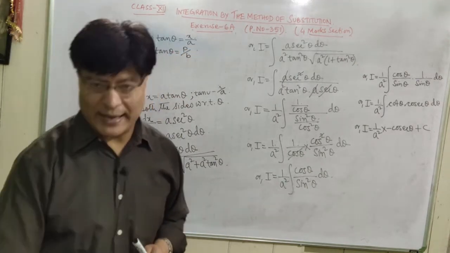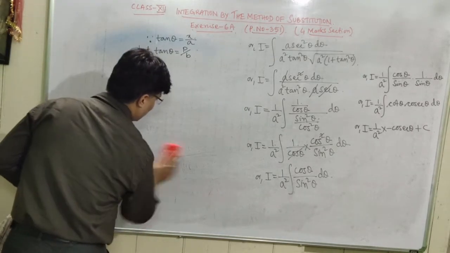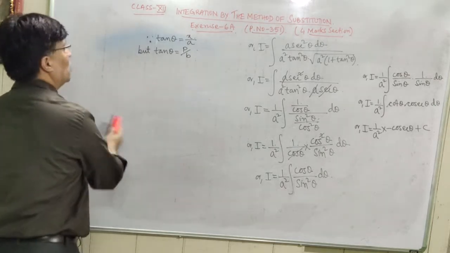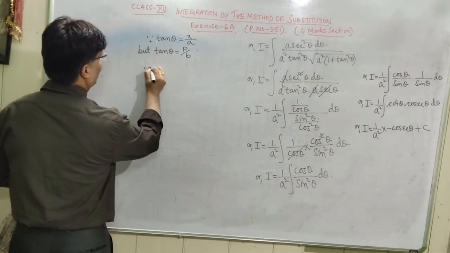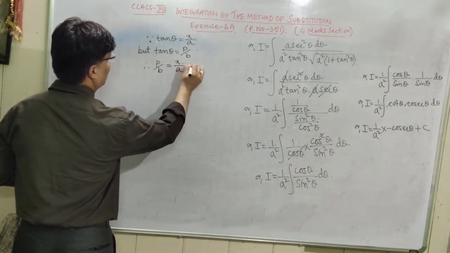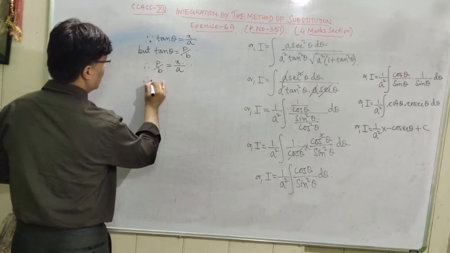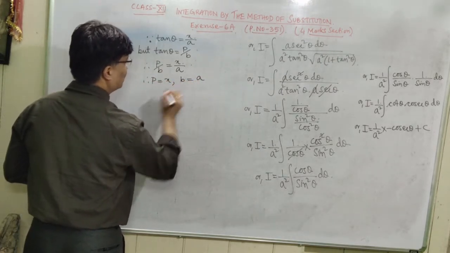Okay. So now in the next step, what will you do? Therefore you can equate p by b with x upon a. So you can equate p with x, p is equal to x, and b with a.